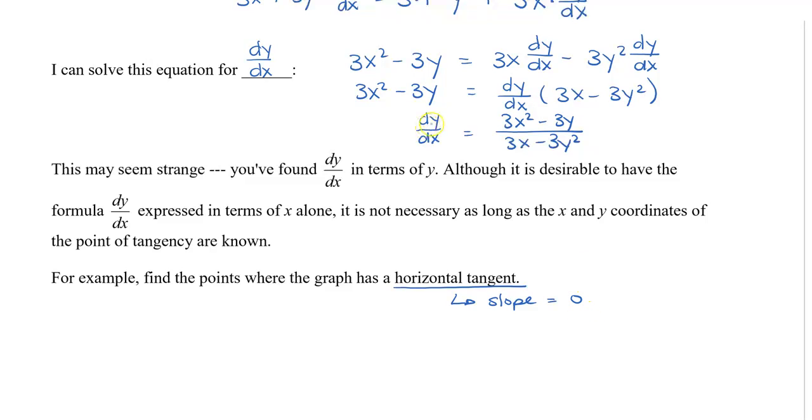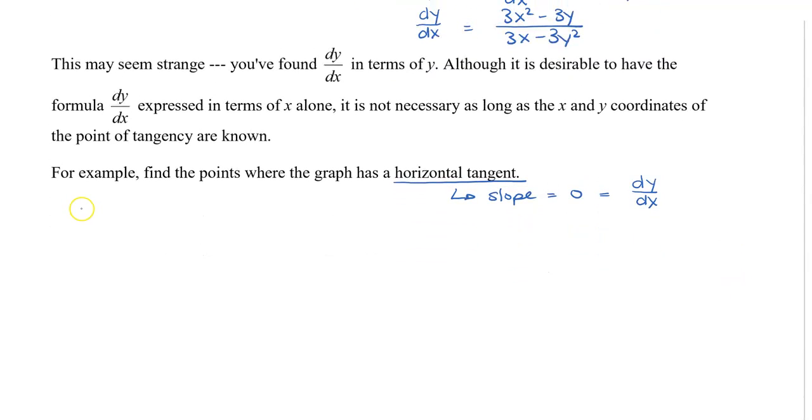So for my slope to be 0, which is my dy/dx, that means that dy/dx is equal to 0, which means that 3x squared minus 3y, all divided by 3x minus 3y squared, has to equal 0. Now, since this equals 0, really I'm just concerned with the numerator. So we have 0 equals 3x squared minus 3y.